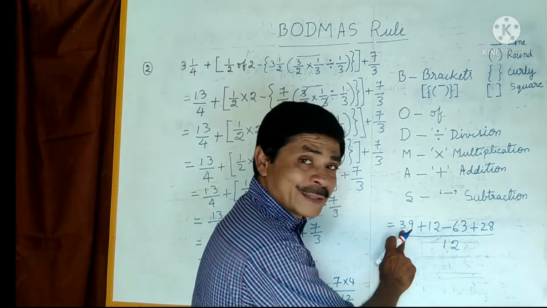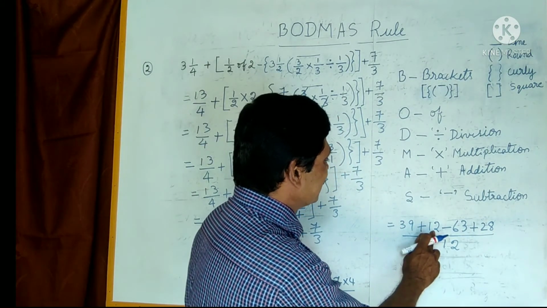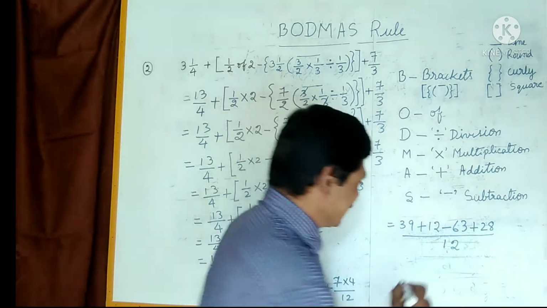Now we will solve the numerator. 39 plus 12, 51, 51 plus 28, 79.